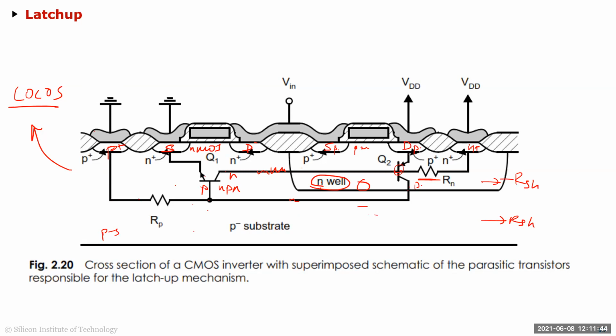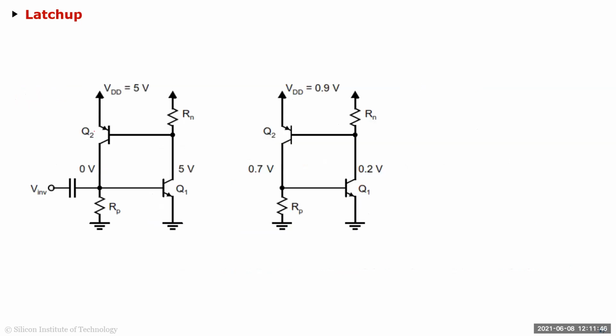Because of that, you get these two resistors. Now if I draw the simplified diagram, there are resistors all over the place, but these two are the crucial ones. So you have this back-to-back NPN PNP structure.